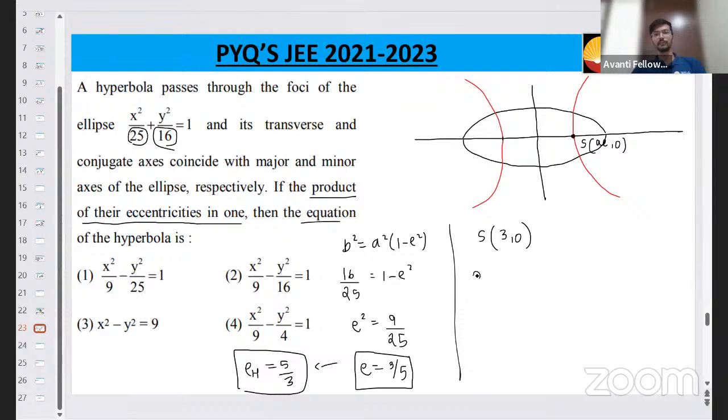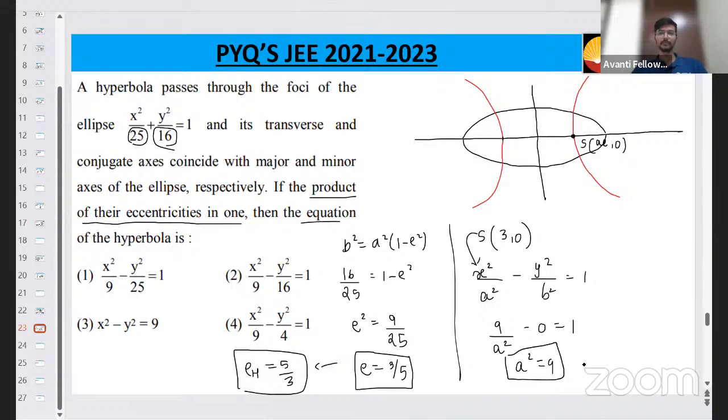So what will be the equation of the hyperbola? x²/a² − y²/b² = 1. This point lies on the hyperbola because it passes through it, so it must satisfy. So we'll get 3², which is 9, I'll write directly, over a² minus 0 equals 1. Simply, guys, we got a² as 9.